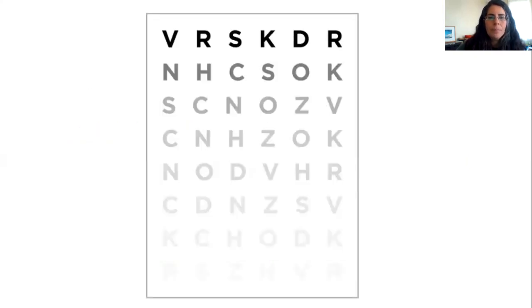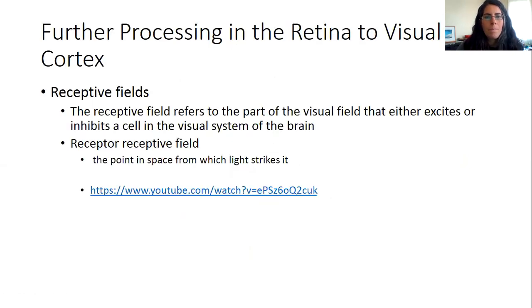Here's just an example. This is strong contrast. And the less of a difference between the object and the background, the much harder it becomes to separate objects from the background.